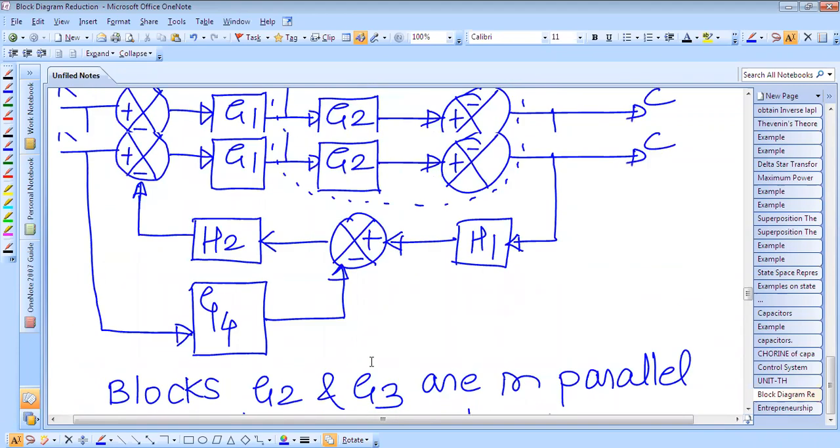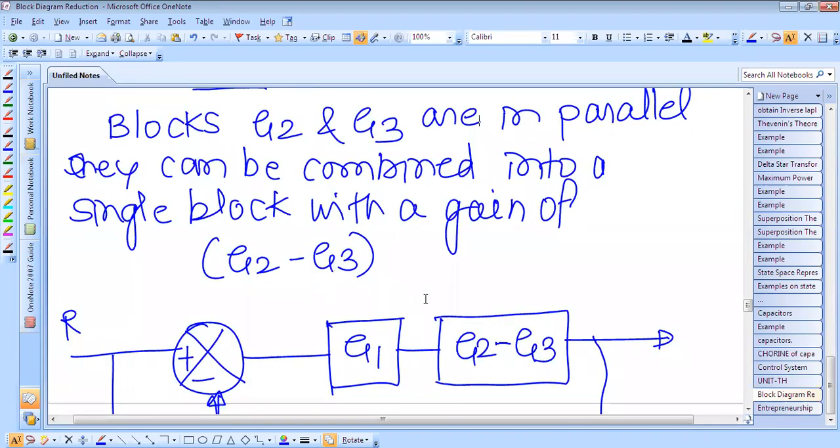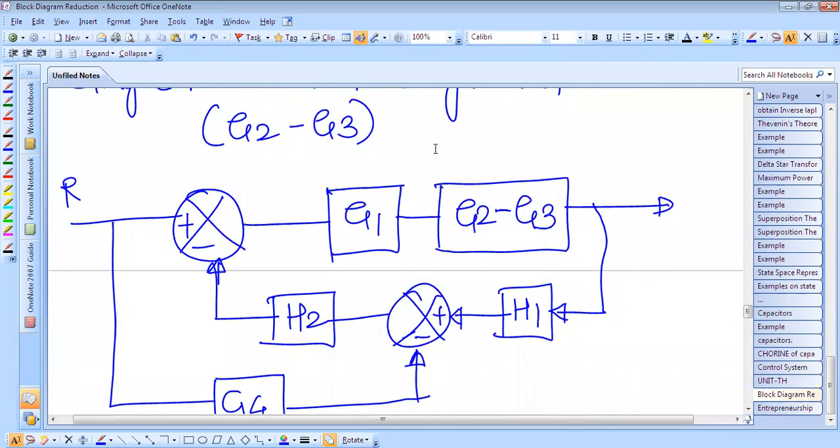When blocks are in parallel, the gain is the sum, so this is G2 and this is a minus sign, therefore G2 minus G3. We can reduce that whole summing point and the two blocks by only one block having the gain G2 minus G3.